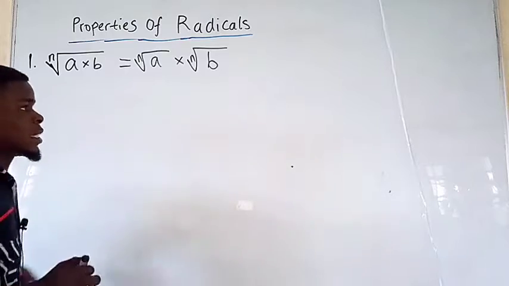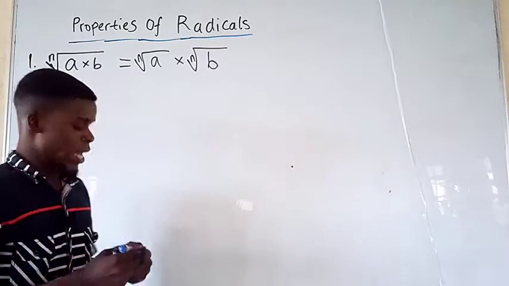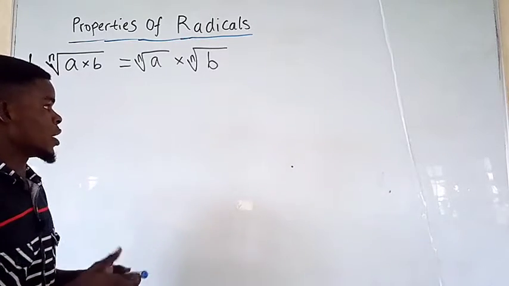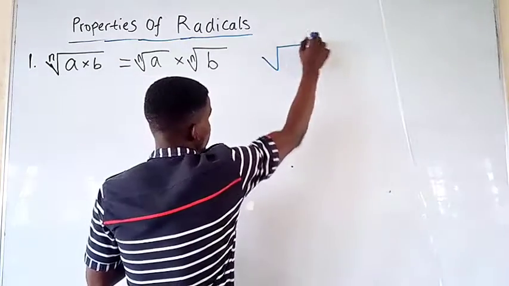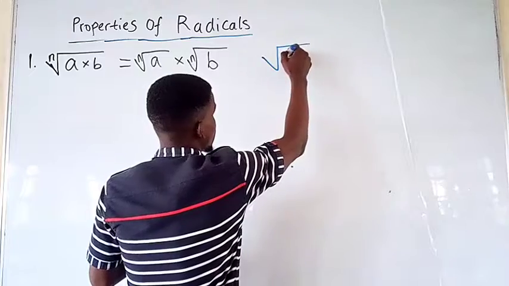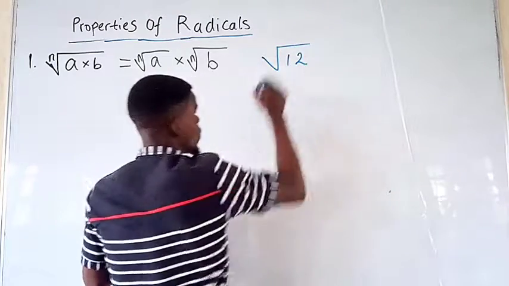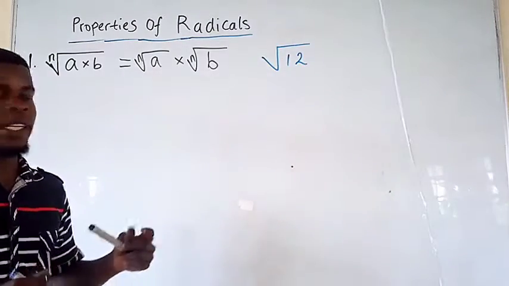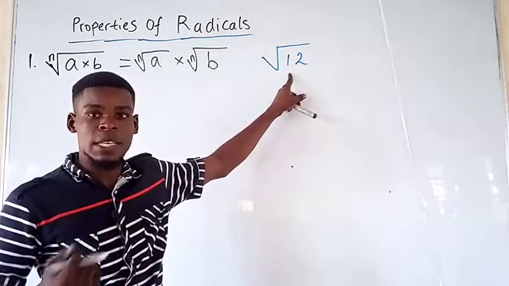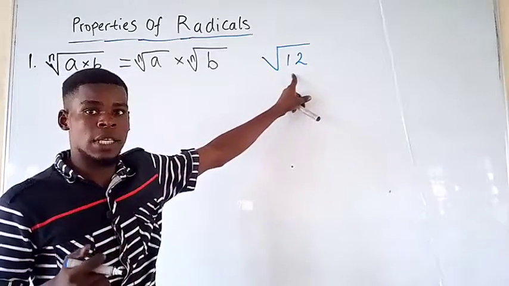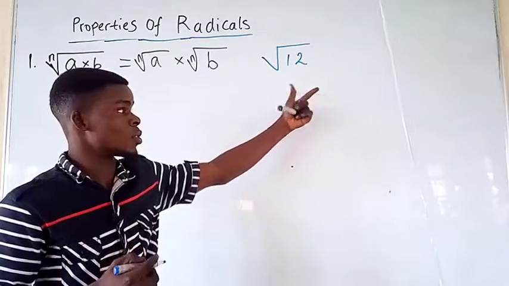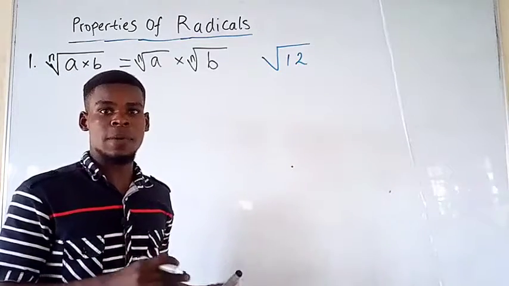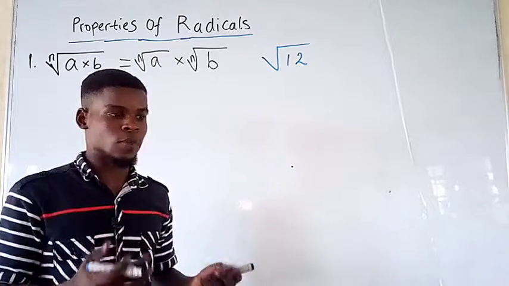So maybe let's check some examples under that and be clear with it. If we have to take the square root of a certain number, for example, let's say 12, we can rewrite this 12 into factors. Let's say we want to write it as two factors, for example, 6 times 2, and 4 times 3, even 12 times 1.